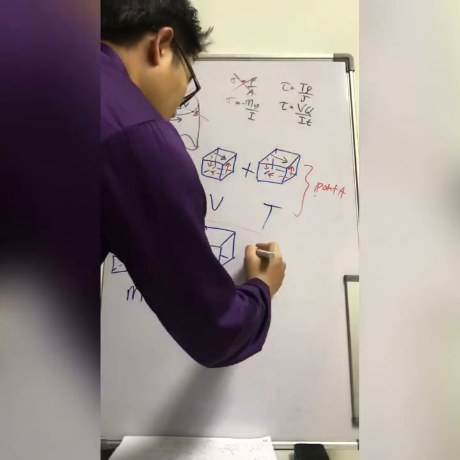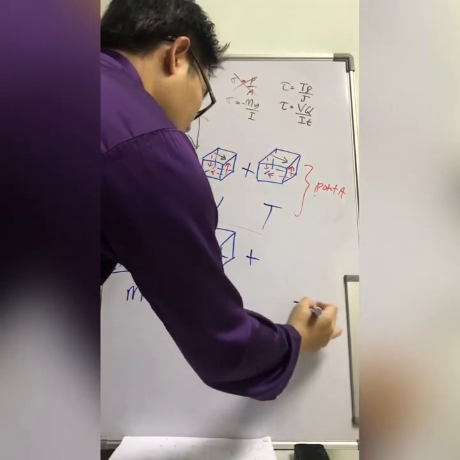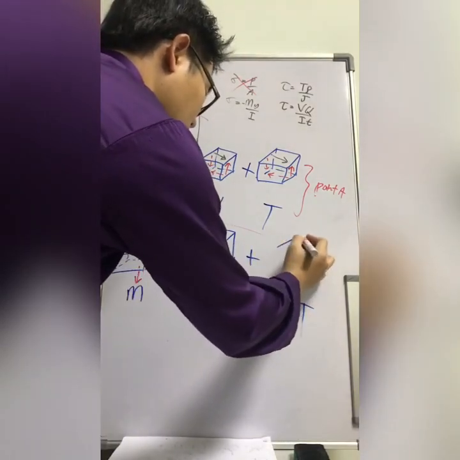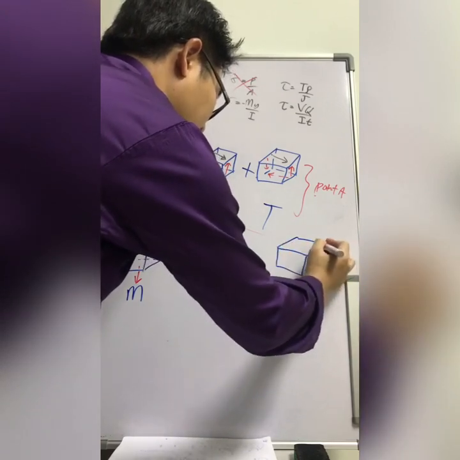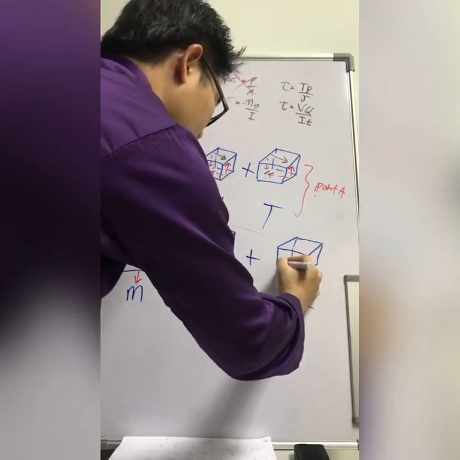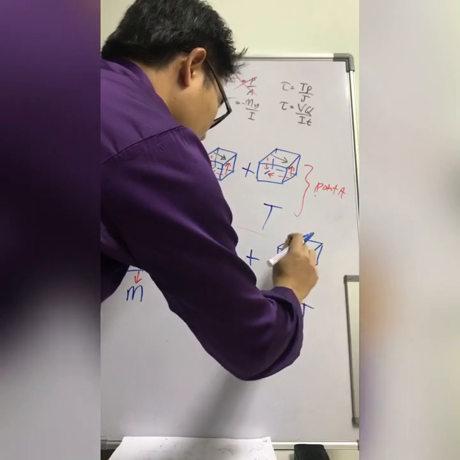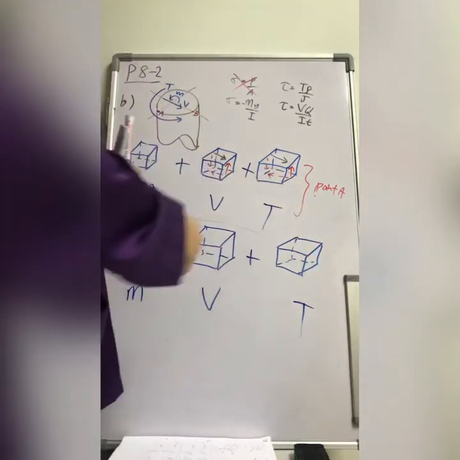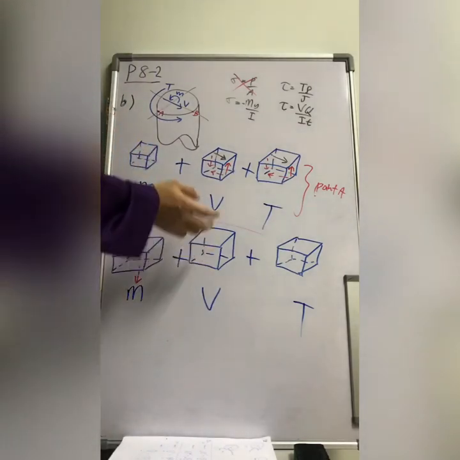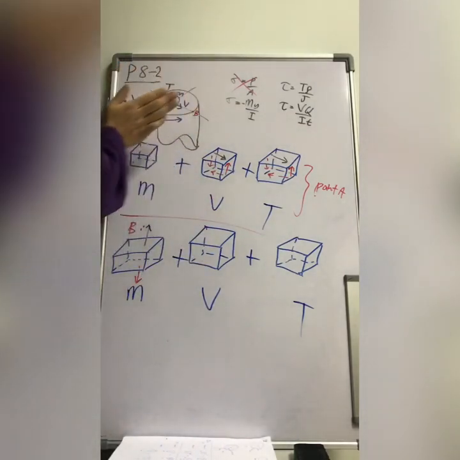And finally, due to T, again, draw the top surface first. You can draw better than me, I hope. Again, this is the top surface of point B. So due to T, of course you have shear stress. For A, this way.